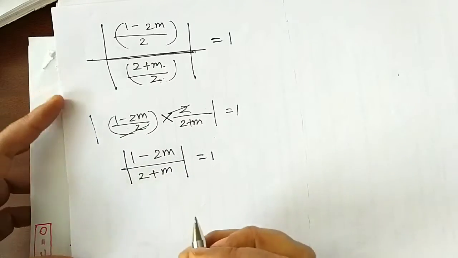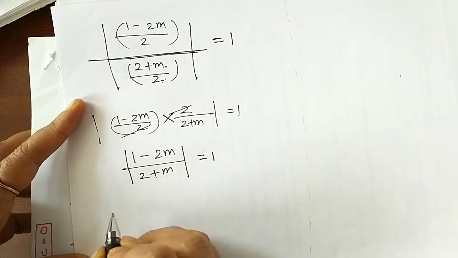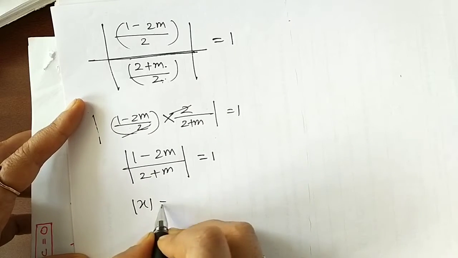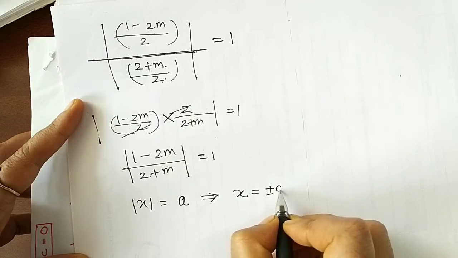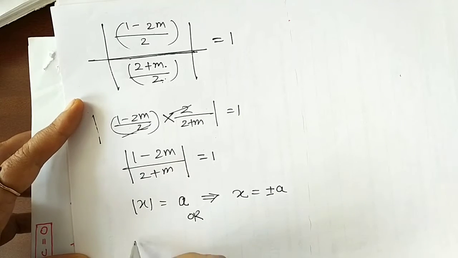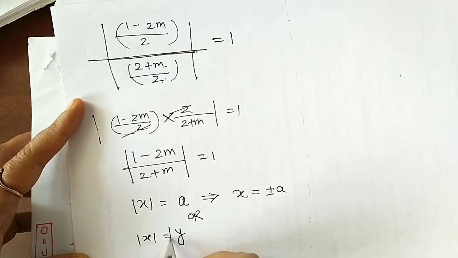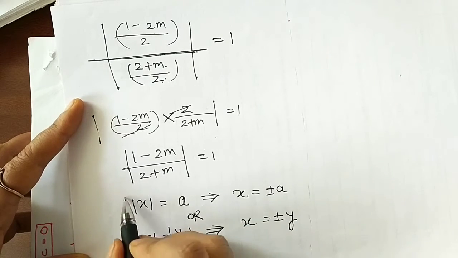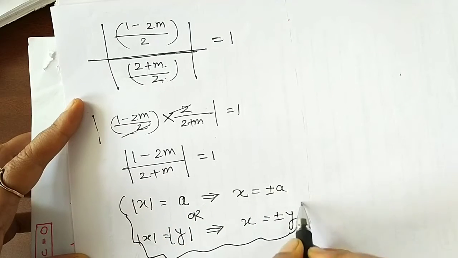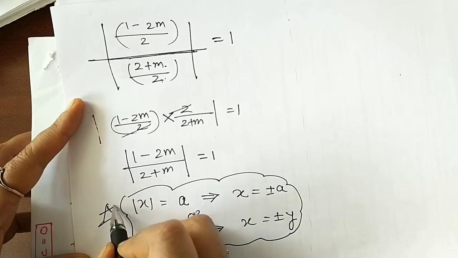Guys, if you remember, I told you if you have mod of x is a, then what happens? x will be plus minus a, or there are two cases. If you have mod x is mod y, then also x becomes plus minus y. Please remember this formula very carefully.